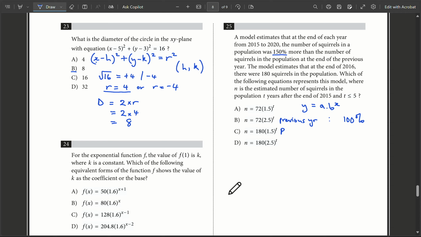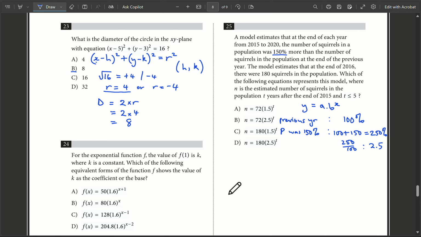So we're saying the population was 150% more. That means we're saying 100 from the previous year plus 150 to give us 250%. Okay, so if we do this 250 over 100, we get 2.5.